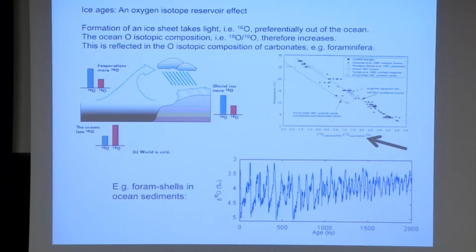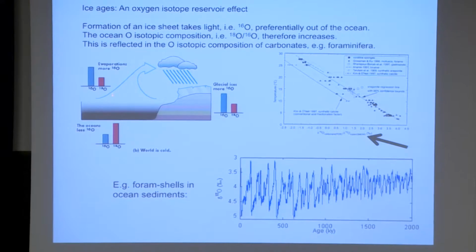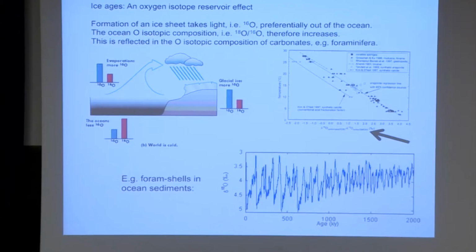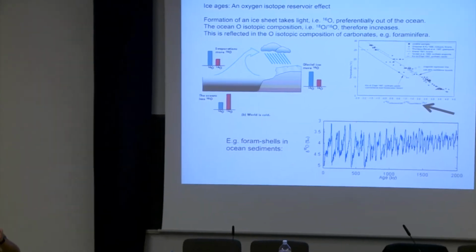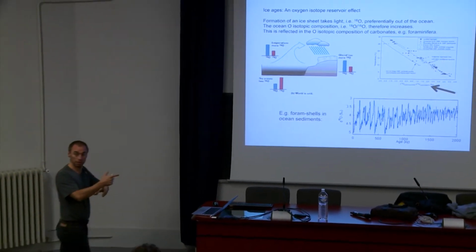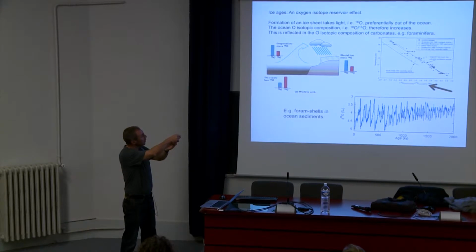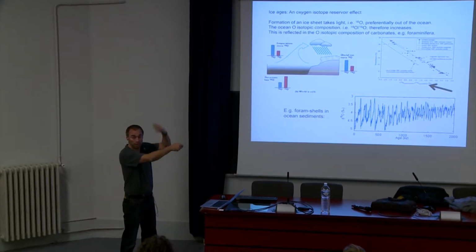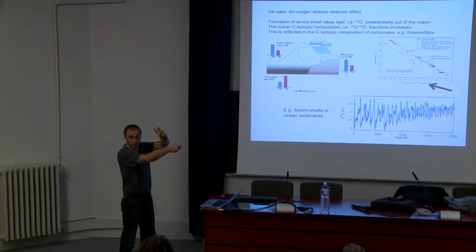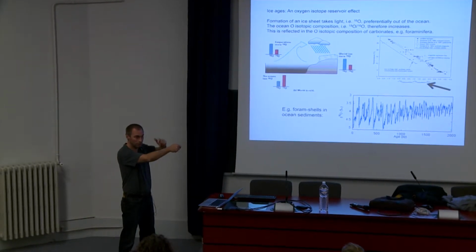So what happens when you have an ice age is that you have water evaporation from the ocean, which is going to be isotopically light. You know there are two primary isotopes of oxygen, 16 and 18. When the water evaporates from the ocean, it's going to be light, because kinetically it's easier to evaporate oxygen 16 than oxygen 18.